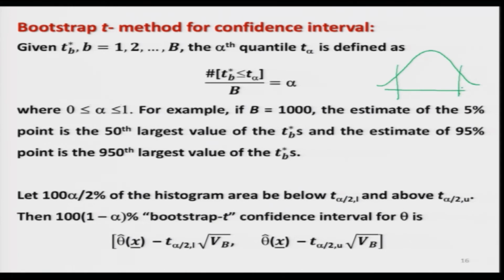As we have discussed, these critical values are essentially the percentiles. So, we try to compute these percentiles. We have all sorts of values of TB star scattered all over this distribution, and we try to find out the proportion of the TB star values which are smaller than say T alpha, right.